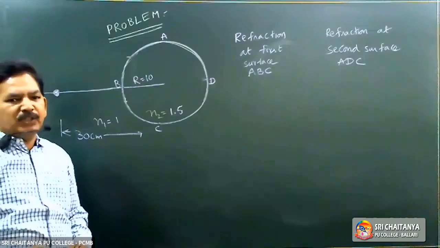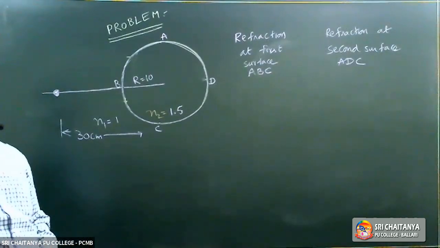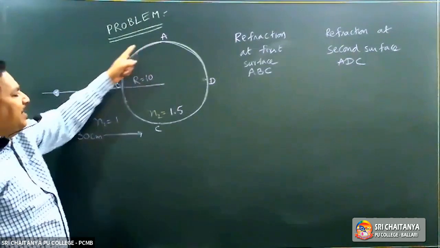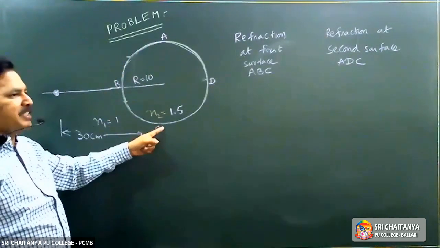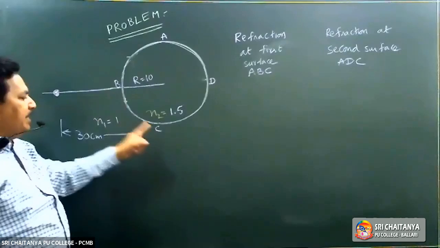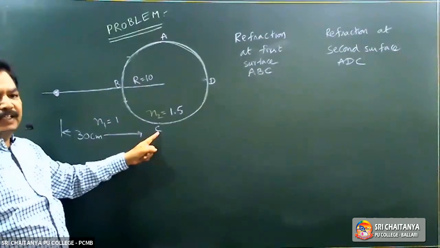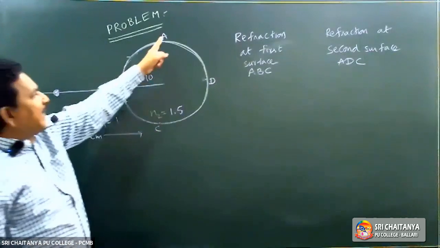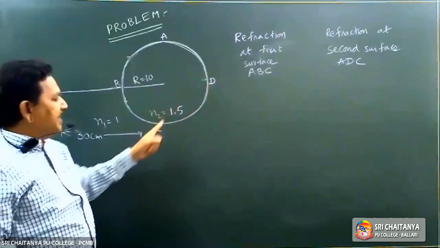We have to find the final image due to the entire sphere. First, we have to calculate the image formed by the first surface A, B, C. That image will act as the object for the second surface A, D, C.